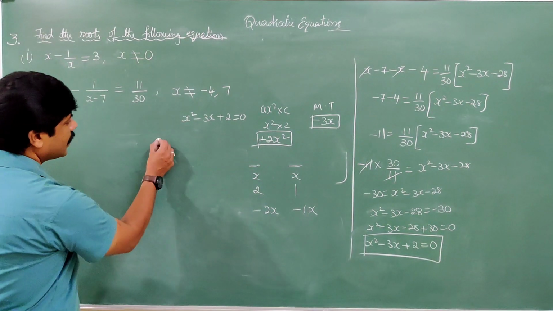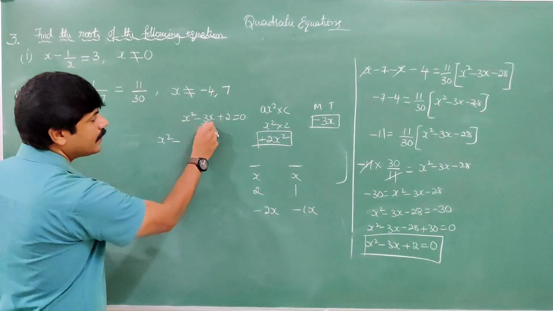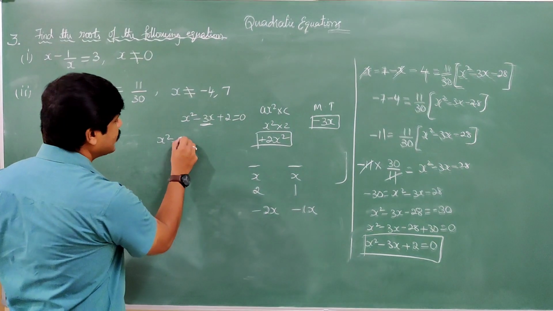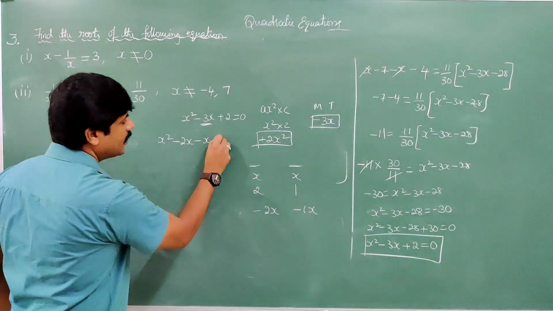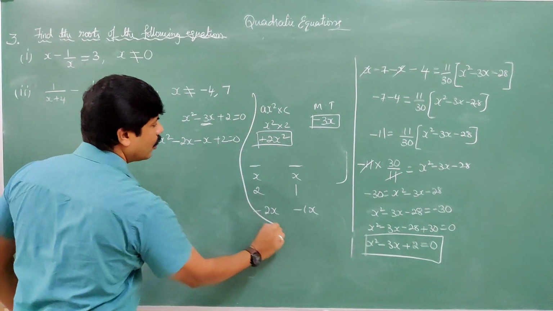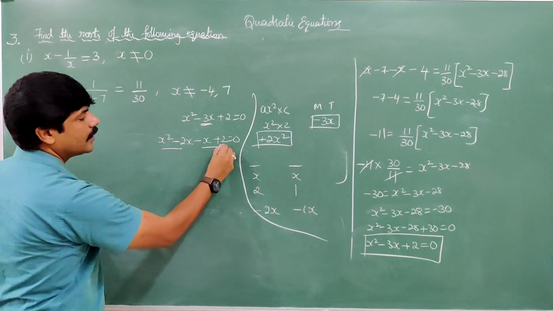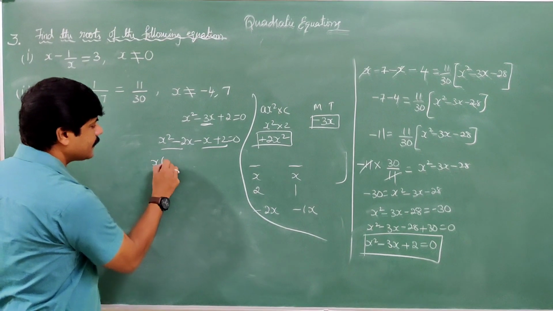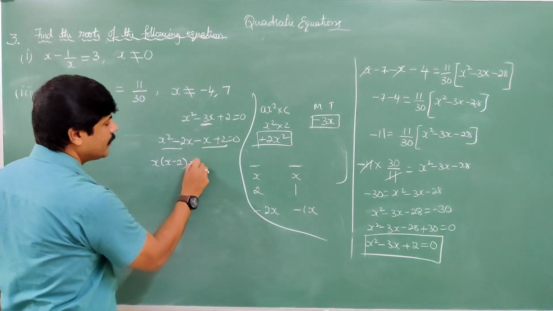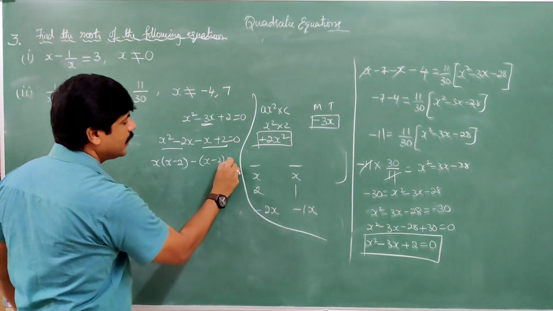Got the point? Now, x square, we don't want the middle term, we are splitting it. Take it as minus 2x minus x plus 2 equals 0. Now divide into two groups. Take common x, x minus 2, minus, you take common 1, x minus 2 equals 0.